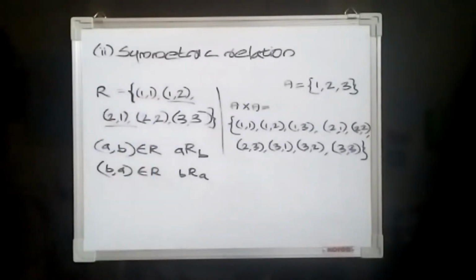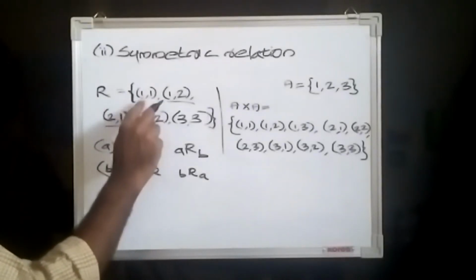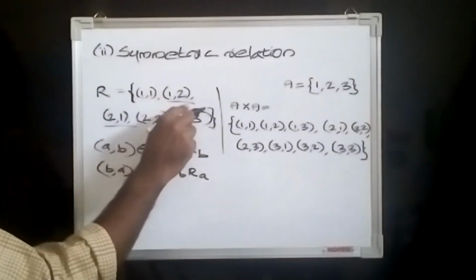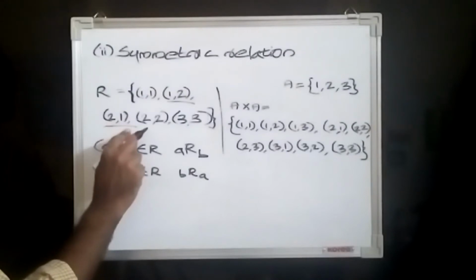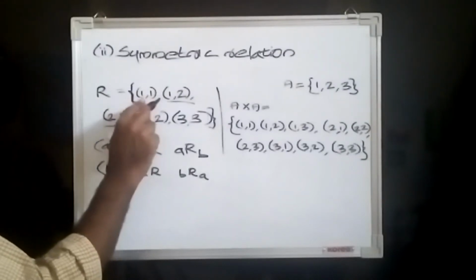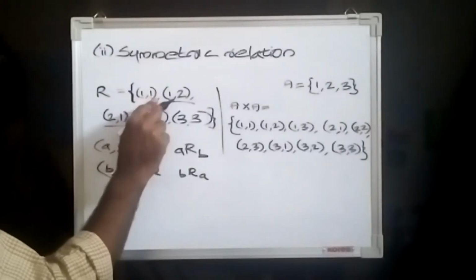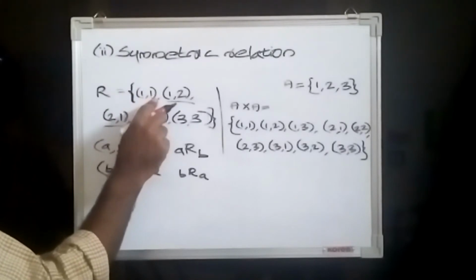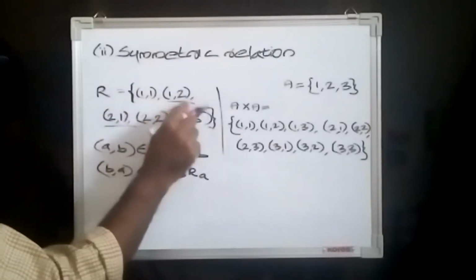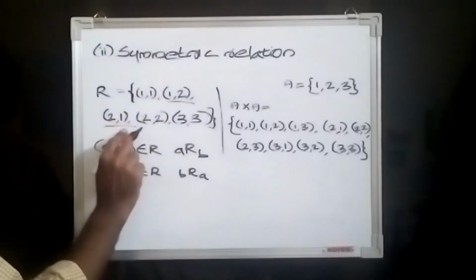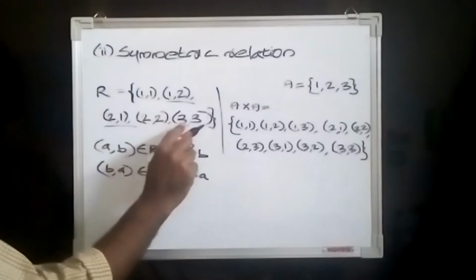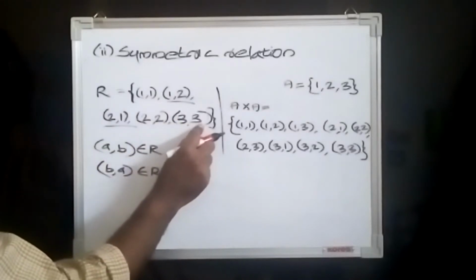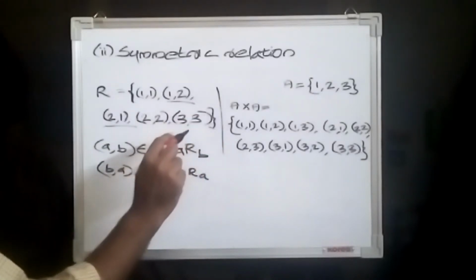It is a symmetric relation because whenever the first element is related to the second element, then the second element is also related to the first element. Here, whenever 1 is related to 1, in the reverse order 1 is related to 1. Whenever 1 is related to 2, 2 is related to 1. When 2 is related to 2, then 2 is related to 2. Whenever 3 is related to 3, in the reverse order 3 is related to 3.